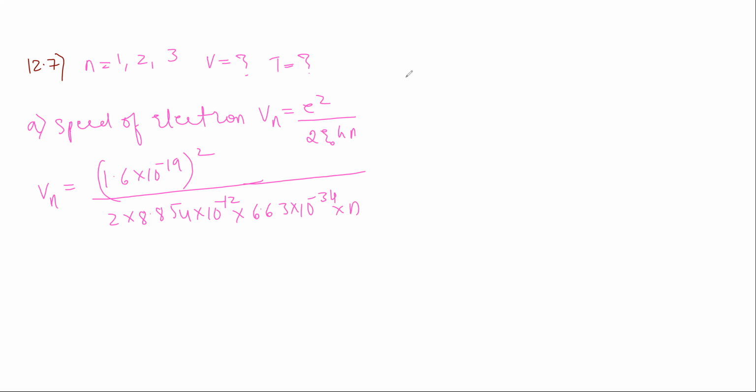When we calculate this, Vn is equal to 2.186 into 10 to the power of 6 divided by n. Meter per second is the SI unit.